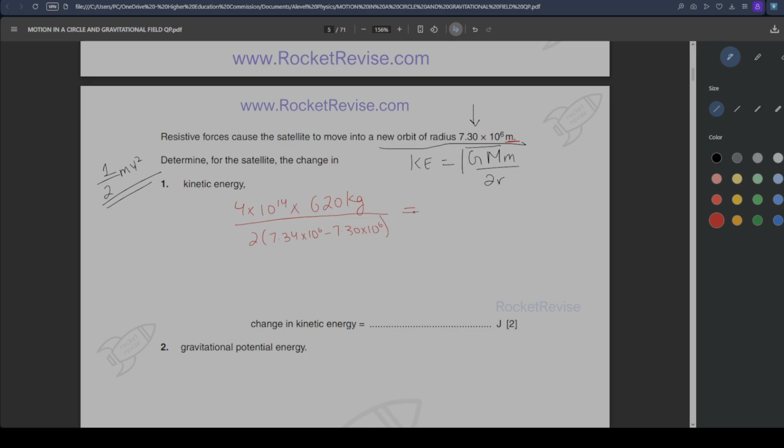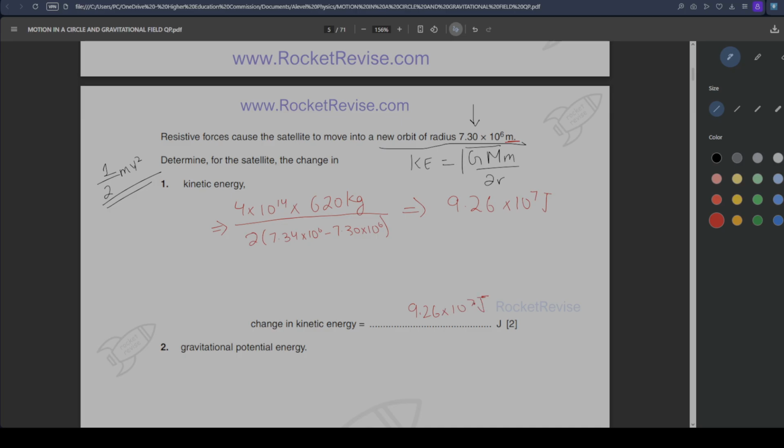And when you solve this, okay, you'll get the answer for the change in kinetic energy. Let me quickly put the values in. This is going to be equal to 9.26 into 10 power 7 joules.